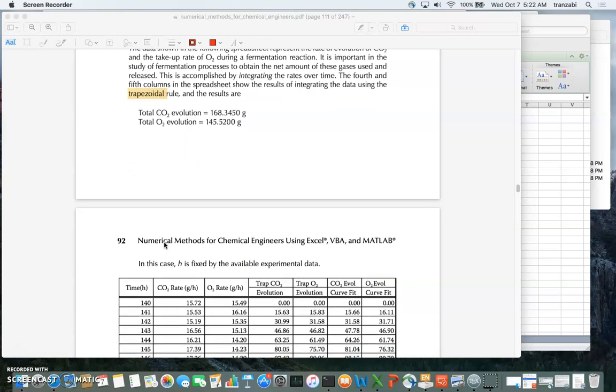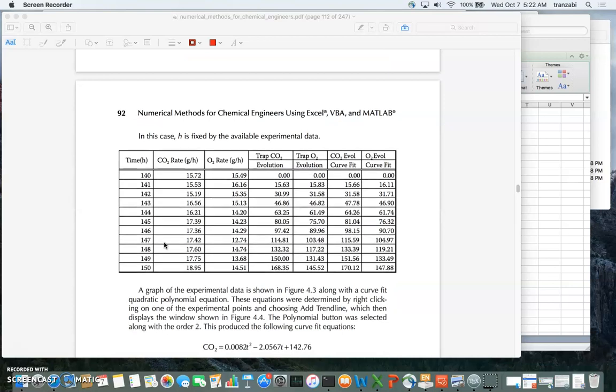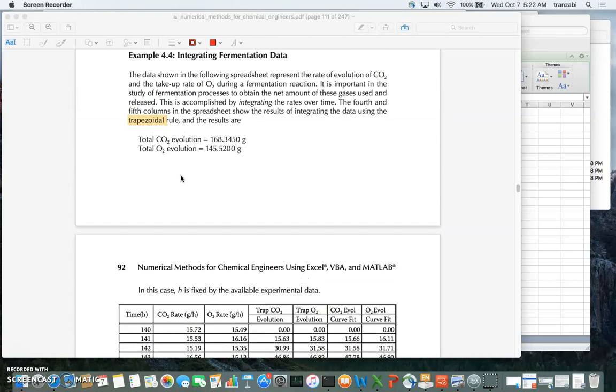So we have a table like this. We have time in the first column. We have the carbon dioxide rate. I think that is going to be the fermentation reaction, right?